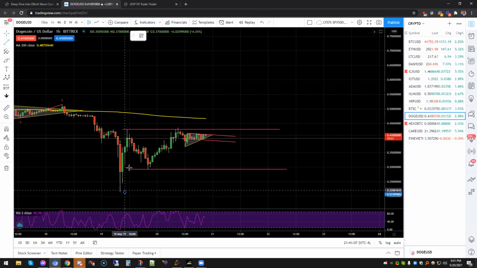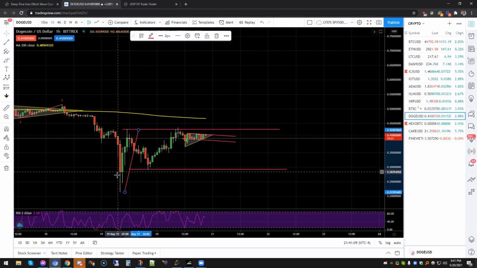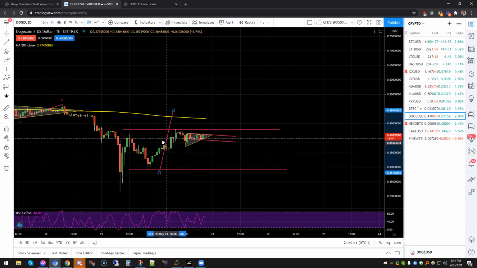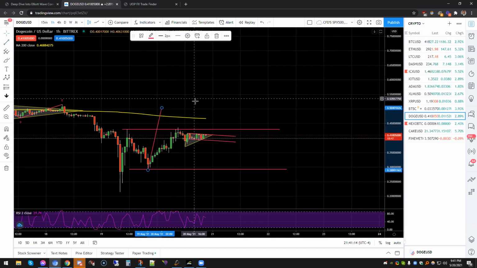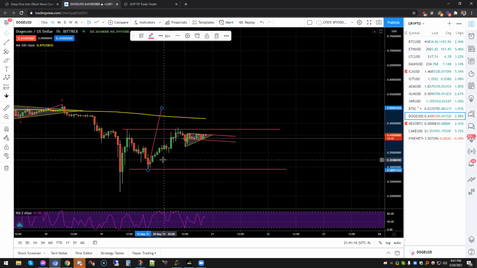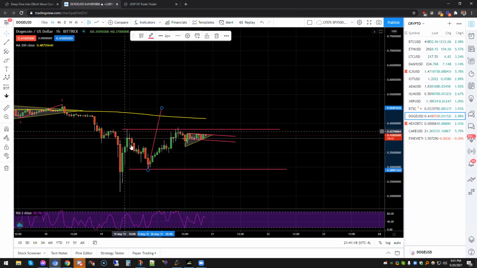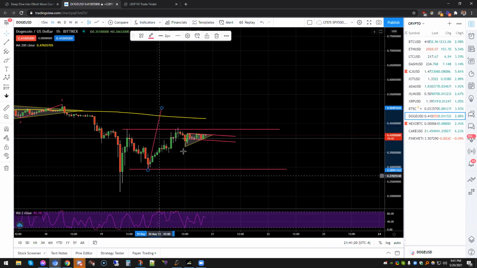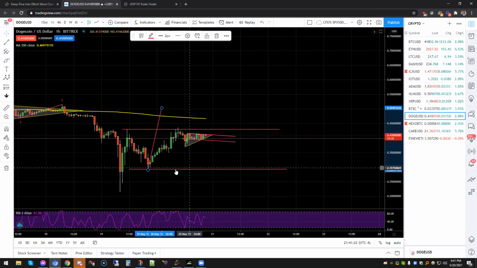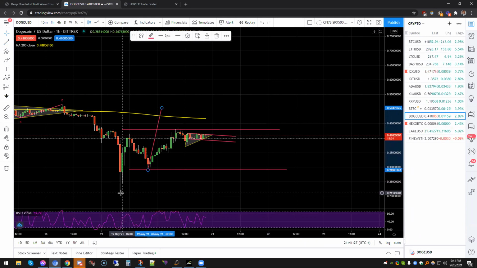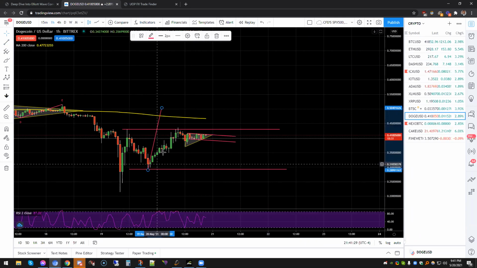So this wave could be a measured move of wave one, like this. That one has the potential to do this. So if I see that we don't get this wave coming back at this point, then I'm going to expect that potentially what I can find is this wave coming over here.